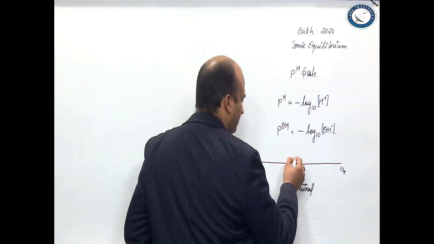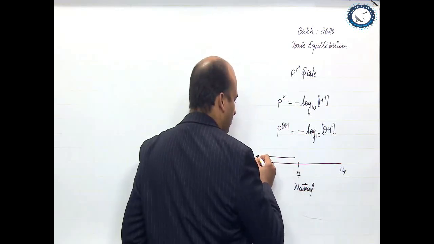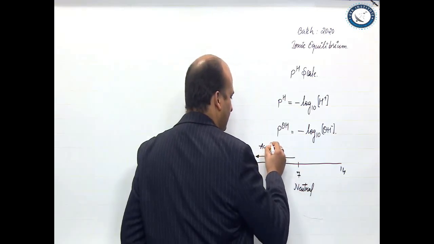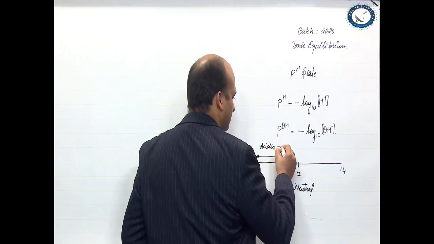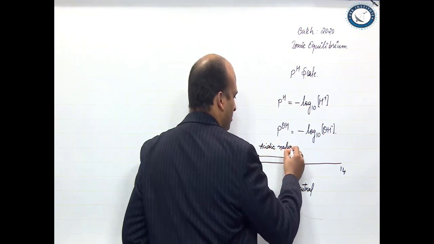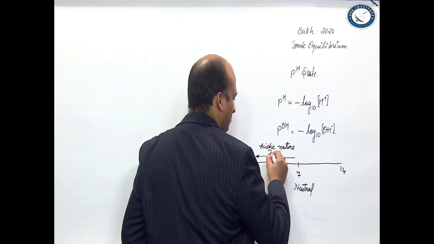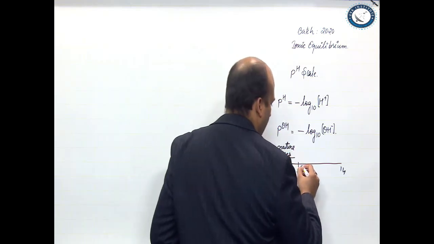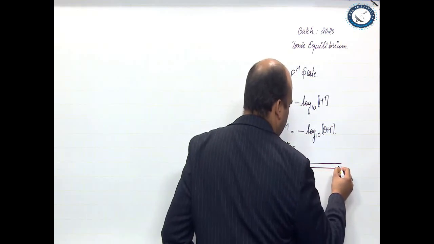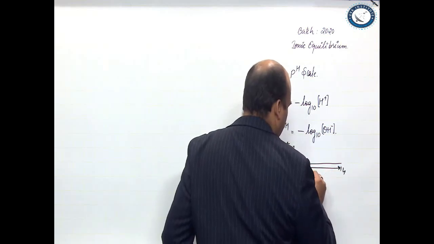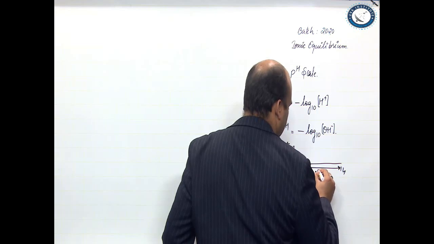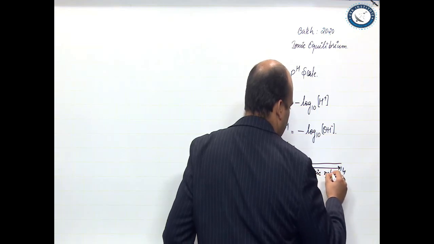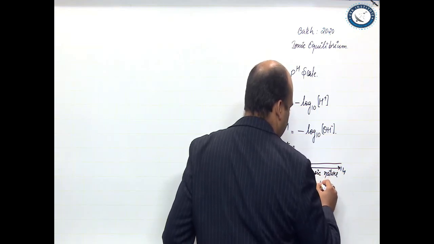When you move from 7 towards 0, the acidic nature increases. When you move from 7 to 14, the basic nature increases.